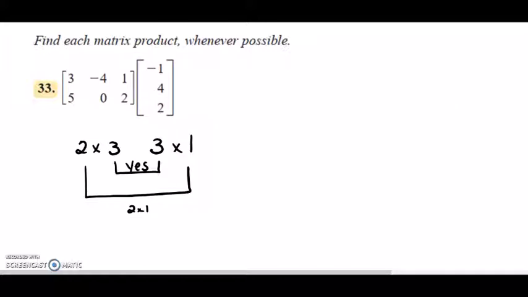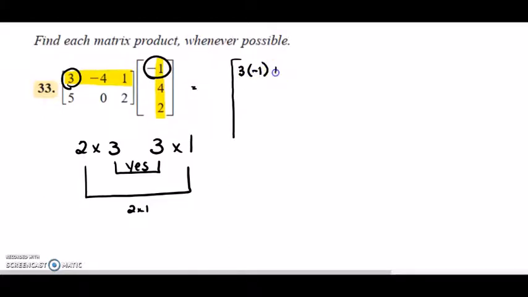Now, to multiply matrices, we're going to have to take each element in the first row and each element in the column of the second matrix in order to get the first element in the resulting matrix. So this first element is going to be 3 times negative 1, and yes, you do need to write out all this work, plus negative 4 times 4, plus 1 times 2.